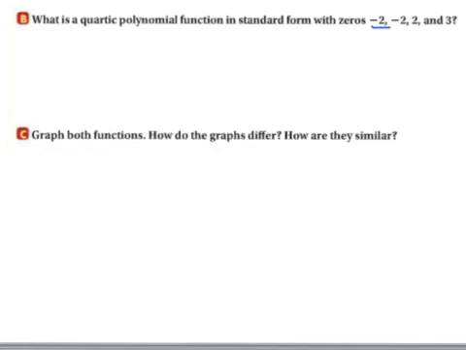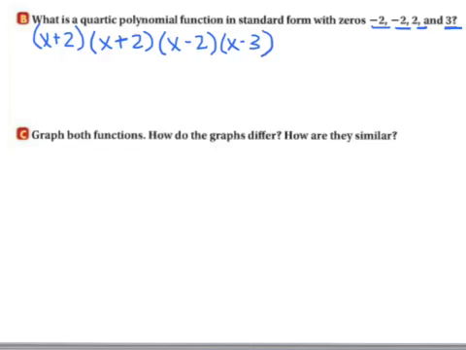Negative 2 came from a factor of x plus 2. We have another negative 2, which came from the factor x plus 2. The 0 of 2 came from x minus 2. And a 0 of 3 came from x minus 3.